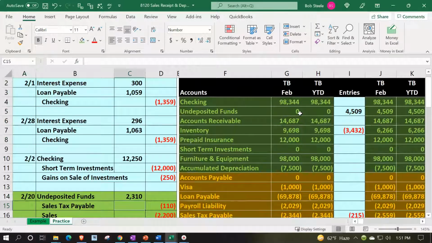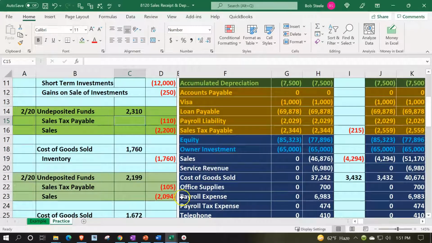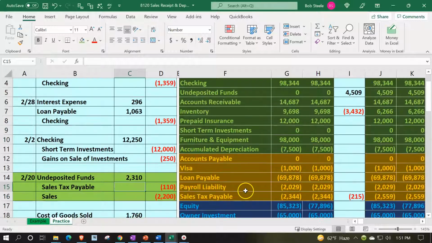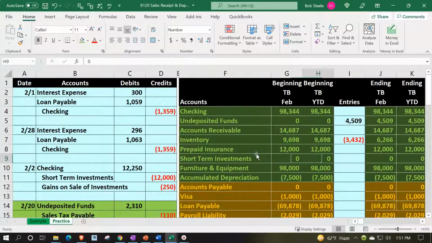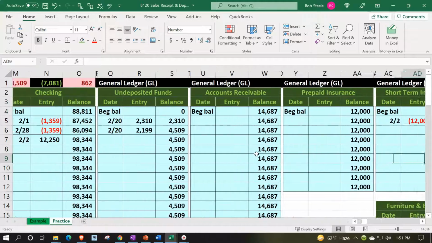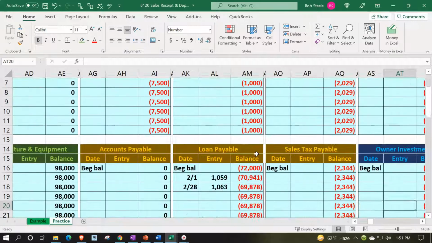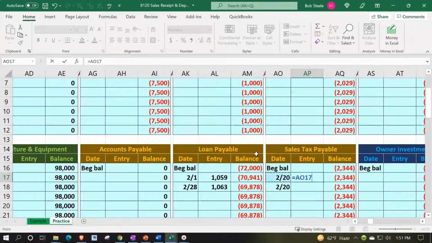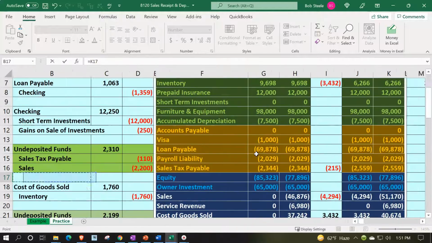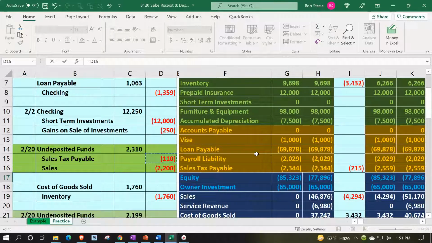Then we've got the sales tax payable for both of these, mirroring the two transactions. Sales tax payable is the last orange or liability account. So we've got the assets and then the liabilities. We're over here in the sales tax payable on 220 and 220. We're in AP 17 equals left to the wall, and then we're going to pick up that 110.